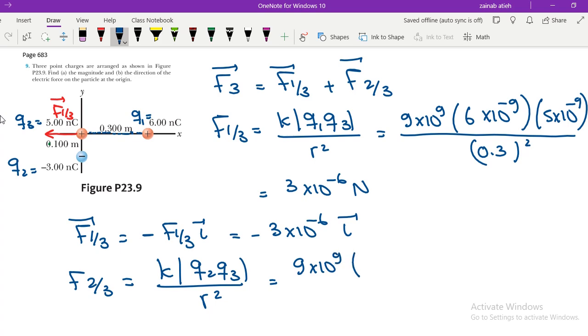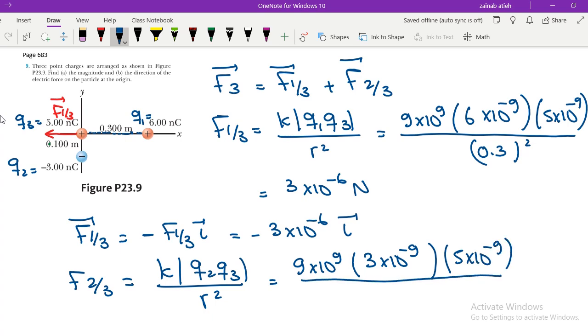Q2 is 3 nano Coulomb, so 3 times 10 to the power minus 9. Remember, I dropped the minus sign because I'm using just the absolute value. And Q3 is 5 times 10 to the power minus 9, over the distance separating them, which is 0.1, so 0.1 squared.